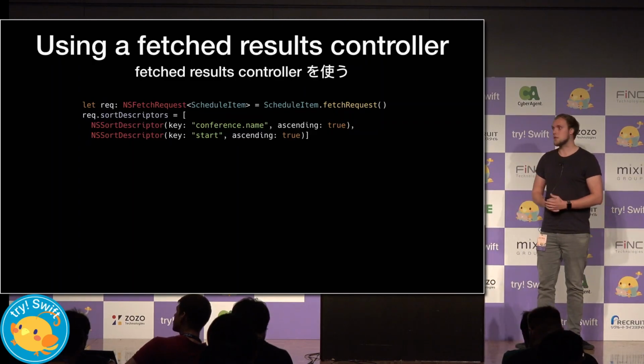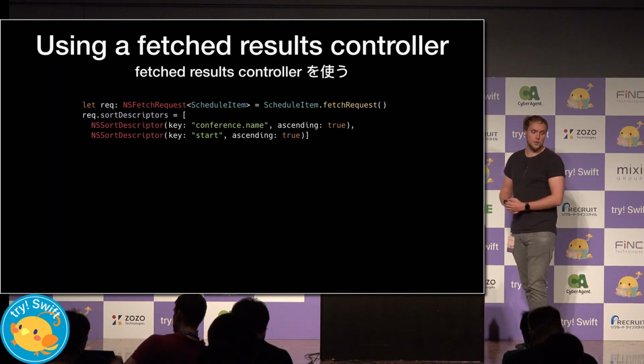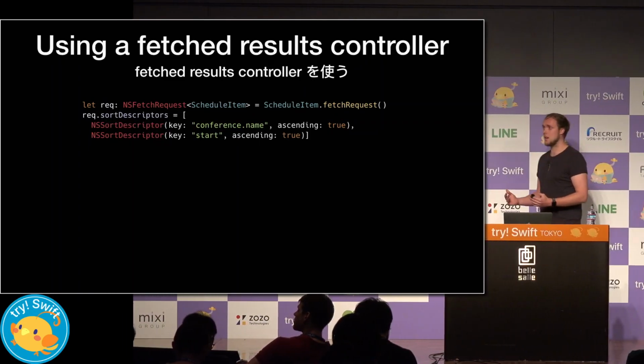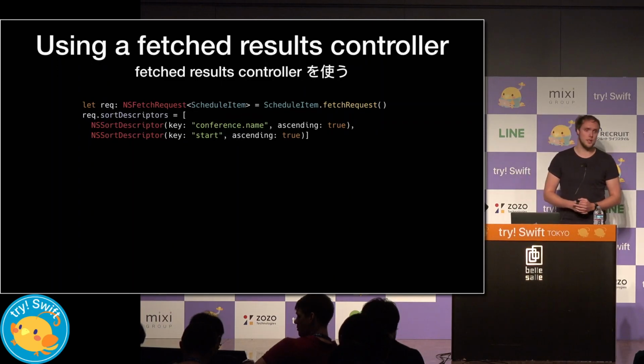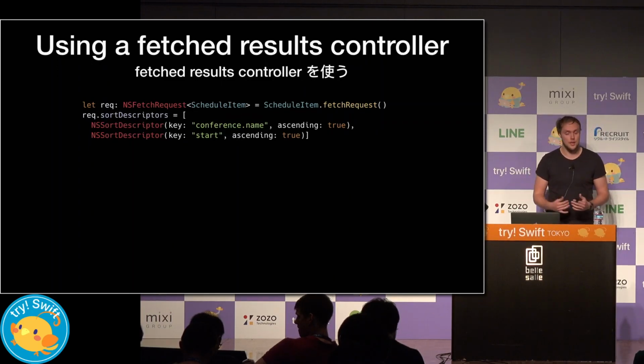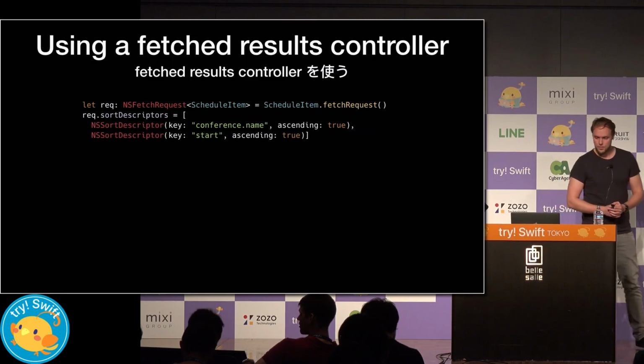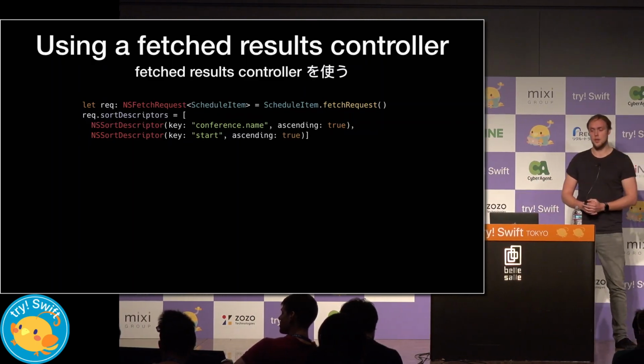Other things you might want to set on a fetch request would be, for instance, a predicate to filter out some data, or a batch size or fetch limit, to make sure that Core Data only fetches a certain amount of items.